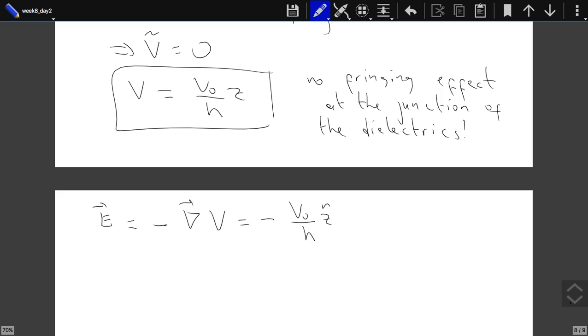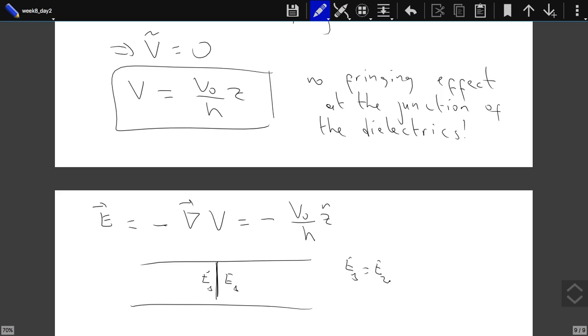I have that E2 over E1 is equal to epsilon 2 over epsilon 1. Hmm? Or maybe it's separate. So I'm saying from the continuity. Well, you see, you told me the continuity that epsilon 1 E1 should be equal to epsilon 2 E2 if they are perpendicular.